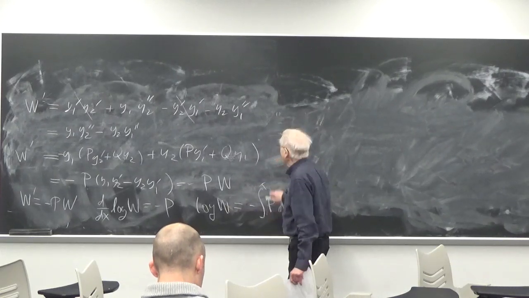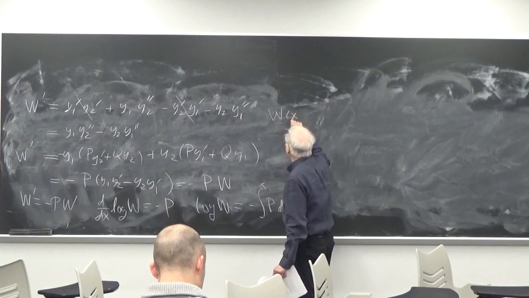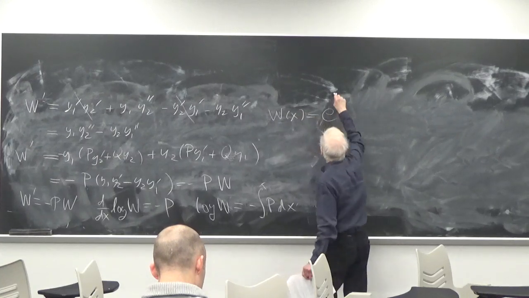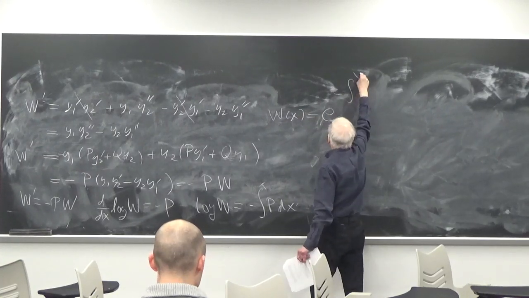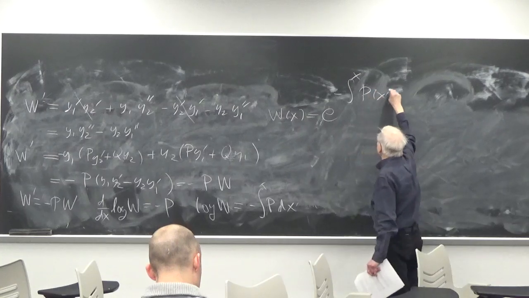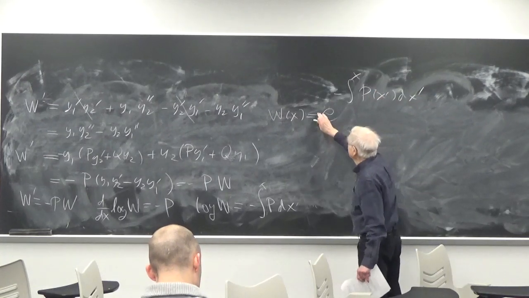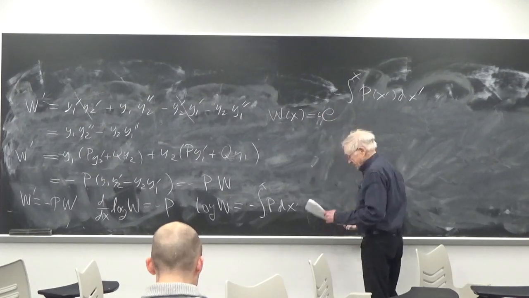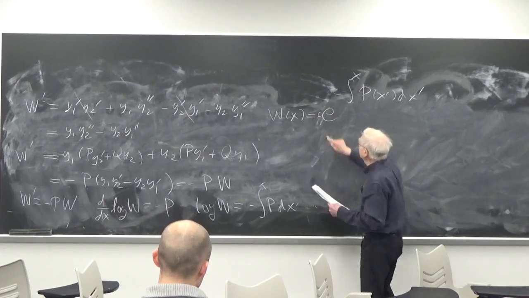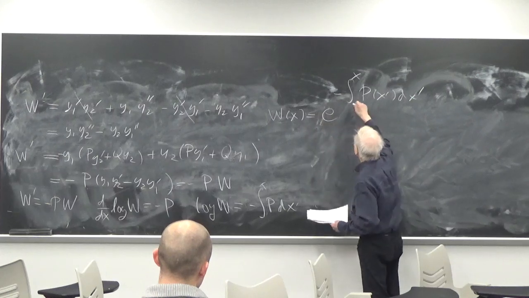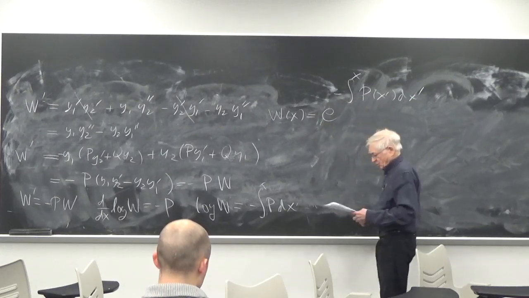And if that's the log of W, then W of x is e to the minus integral up to x of P of x prime dx prime, apart from an overall constant. But actually I've got the overall constant in that we could integrate from a lower limit.